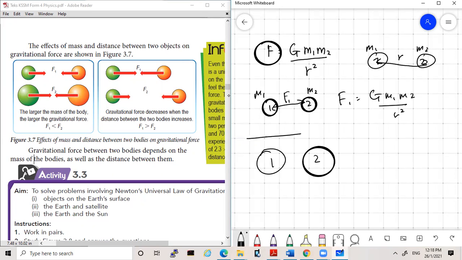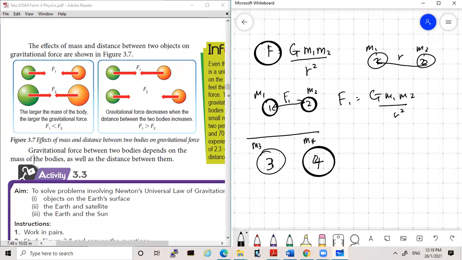For the second phenomena, let's change the numbers because above we have 1 and 2. Let's take objects 3 and 4. Objects 3 and 4 have bigger mass compared to 1 and 2, so M3 and M4 are bigger than M1 and M2.